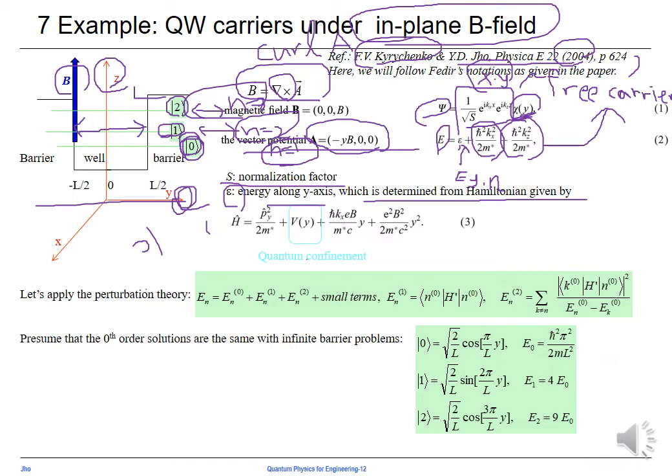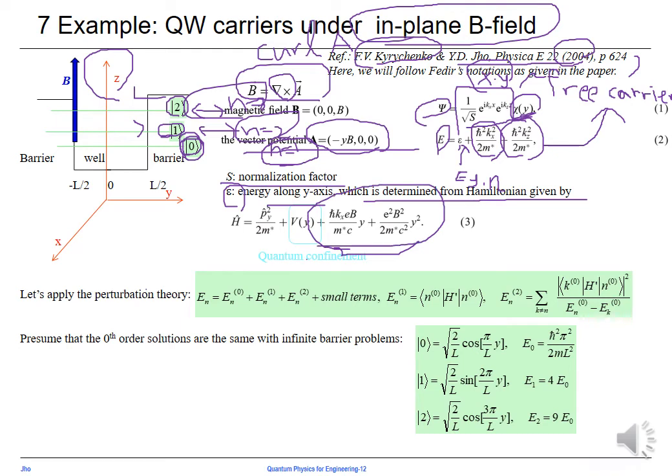Magnetic field is another very important parameter in research, and you will see this magnetic field application many times. When you apply the magnetic field, let's say it is set along the z-axis, then you can just add these terms into the perturbation part.